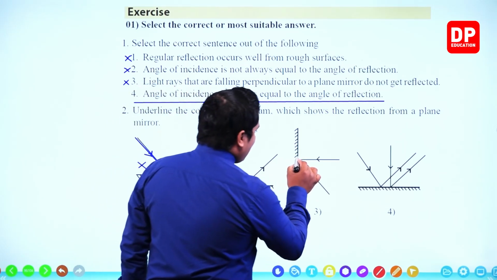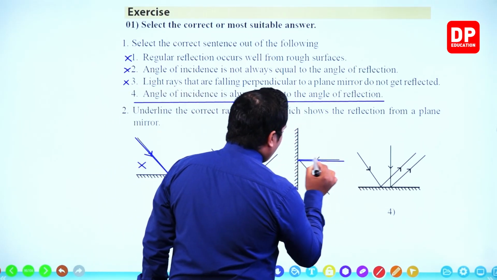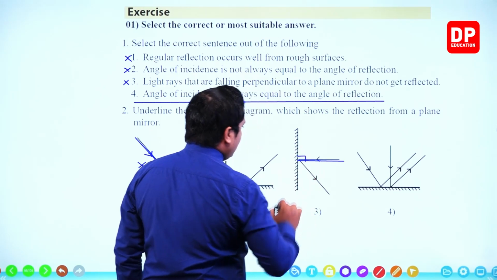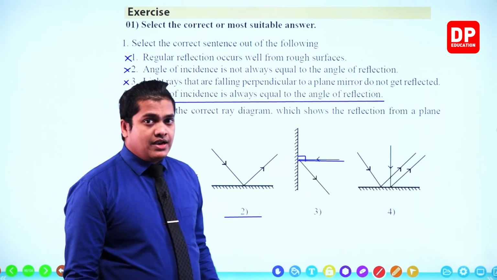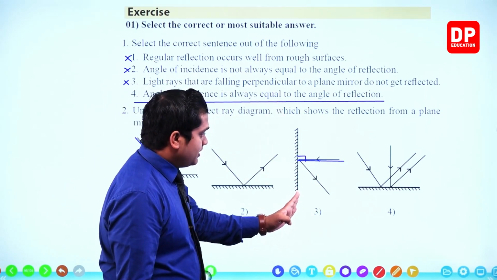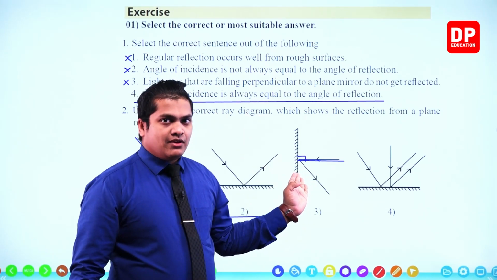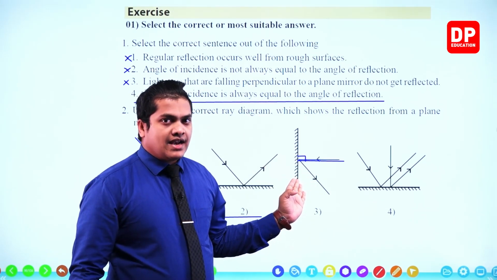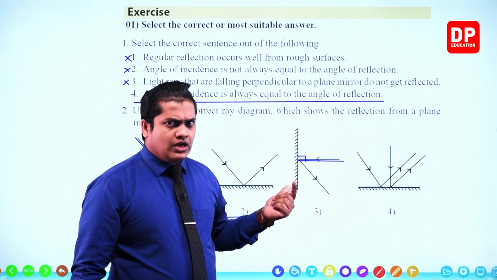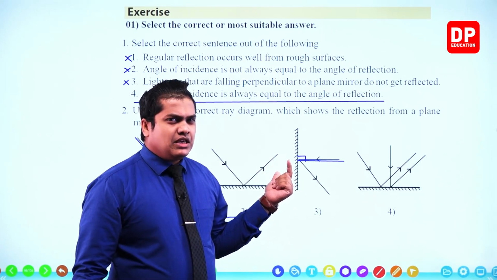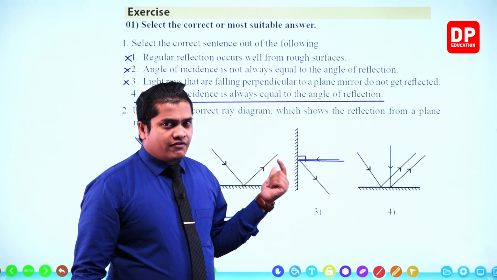Here you can see that light rays are falling perpendicular to the mirror surface. Like perpendicular, no? In that case, you know that there is a rule, incident angle should be equal to the angle of reflection.